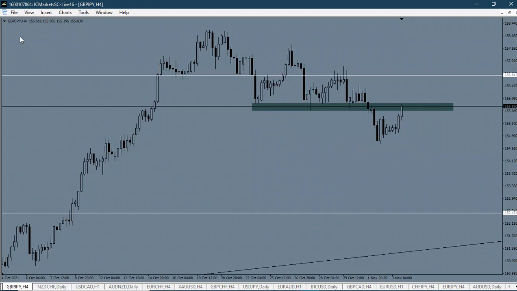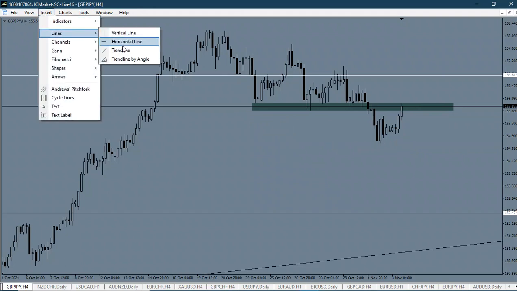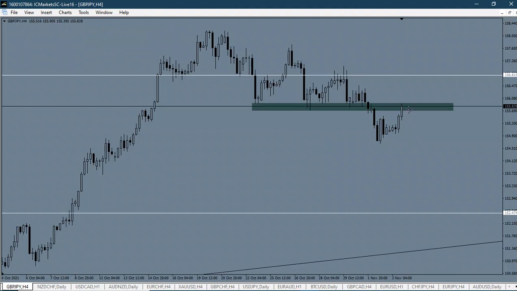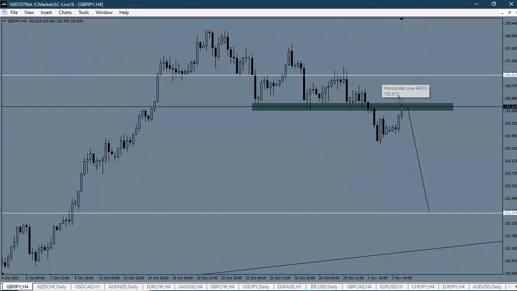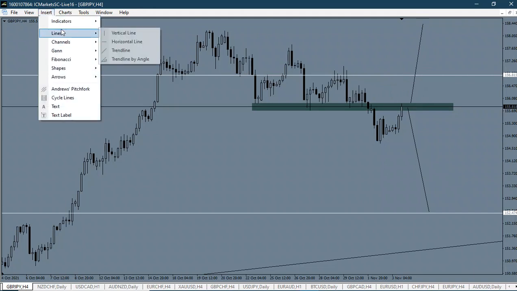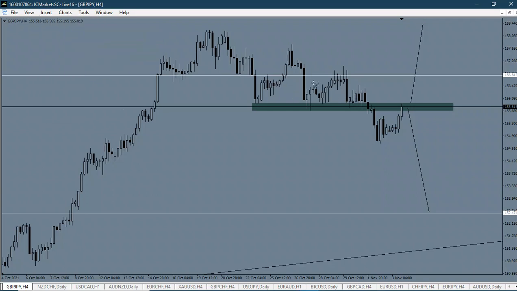So two things can happen from this. It's either from here we can drop towards this level, or we can change the direction of this downtrend and push towards the upside. But should any of those two things happen, we know we'll be ready.